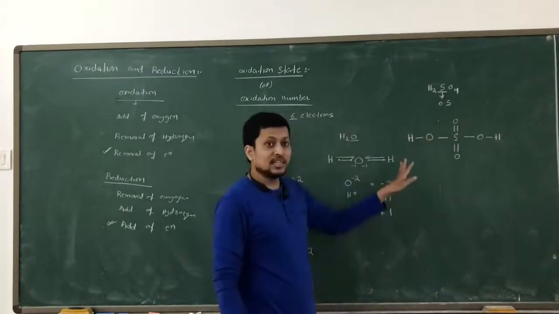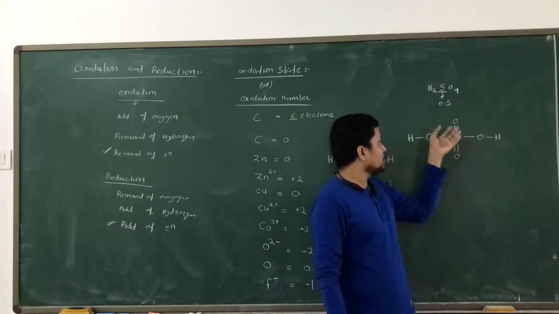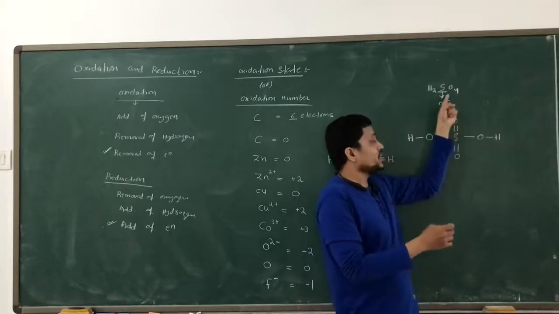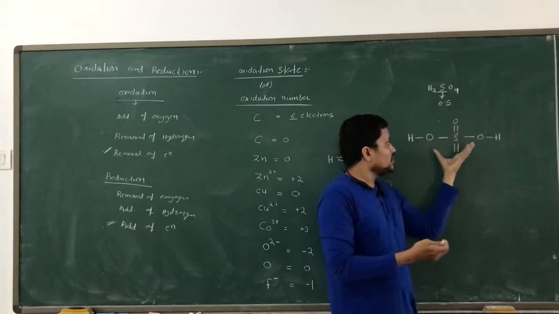So this is the actual structure. Not everyone can easily memorize the structures of all compounds, so how we write the oxidation state in that case, I will show you later. But for this particular compound, this is the structure.